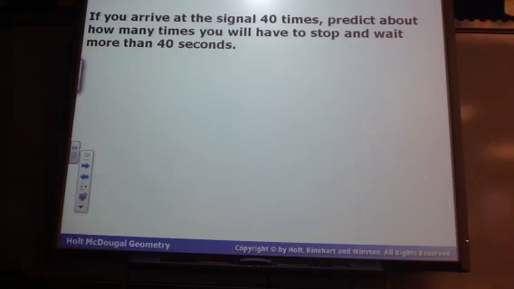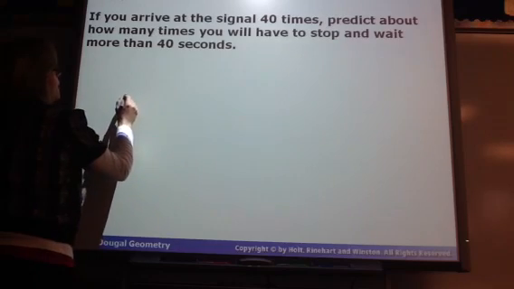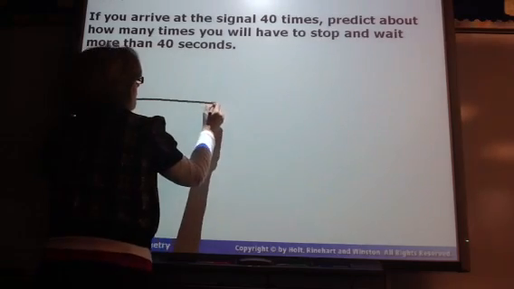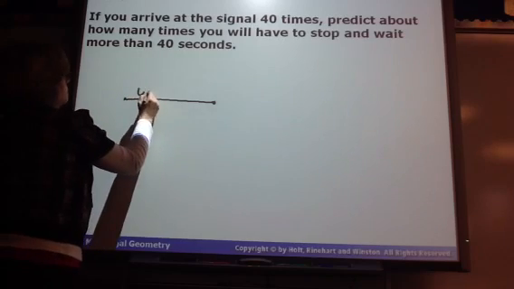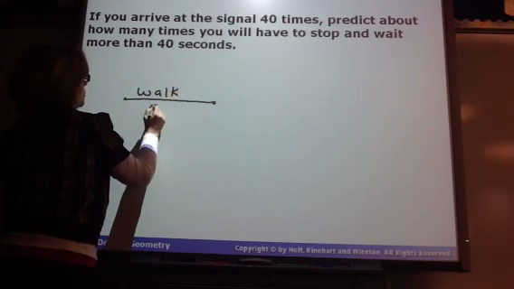Okay, now let's go back to it was this one here. If you arrive at the signal 40 times, predict how many times you will have to stop and wait more than 40 seconds. Okay, so this one had this was the walk, 45 seconds.